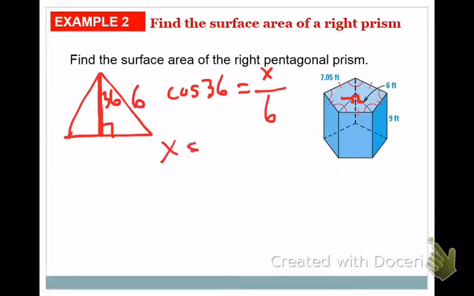So x equals 6 times the cosine of 36. Somebody calculate that for me. Six times the cosine of 36.